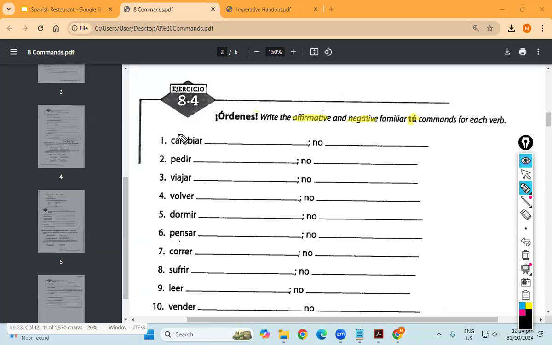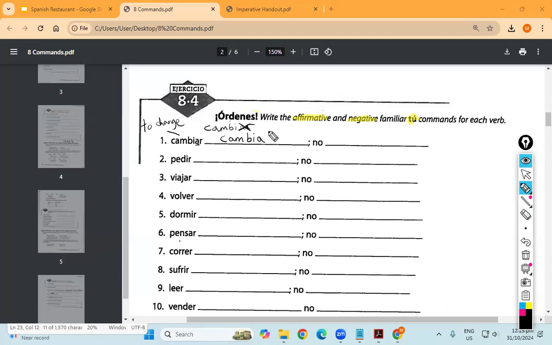Okay, so cambiar, to change. Right, so we start with cambio, and we take off the O to get the stem. And it's an AR verb. So for tú, we will add nothing because it's a tú form. So we don't need the subjunctive. My bad. Let's start over. Cambiar, and we add E, right? So it'd be cambia, change.